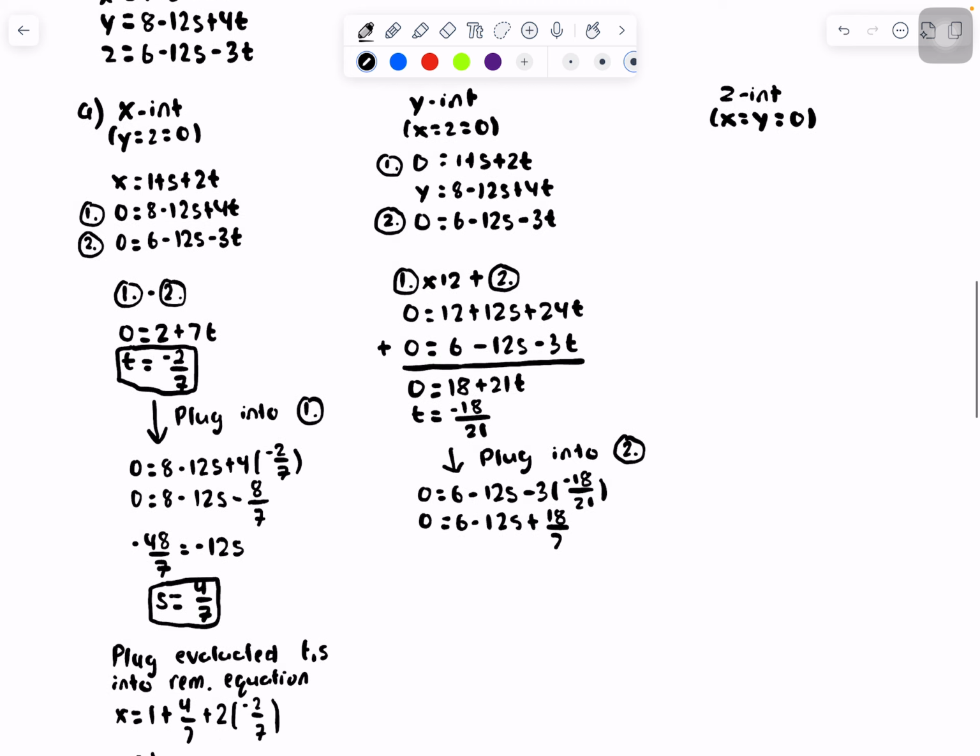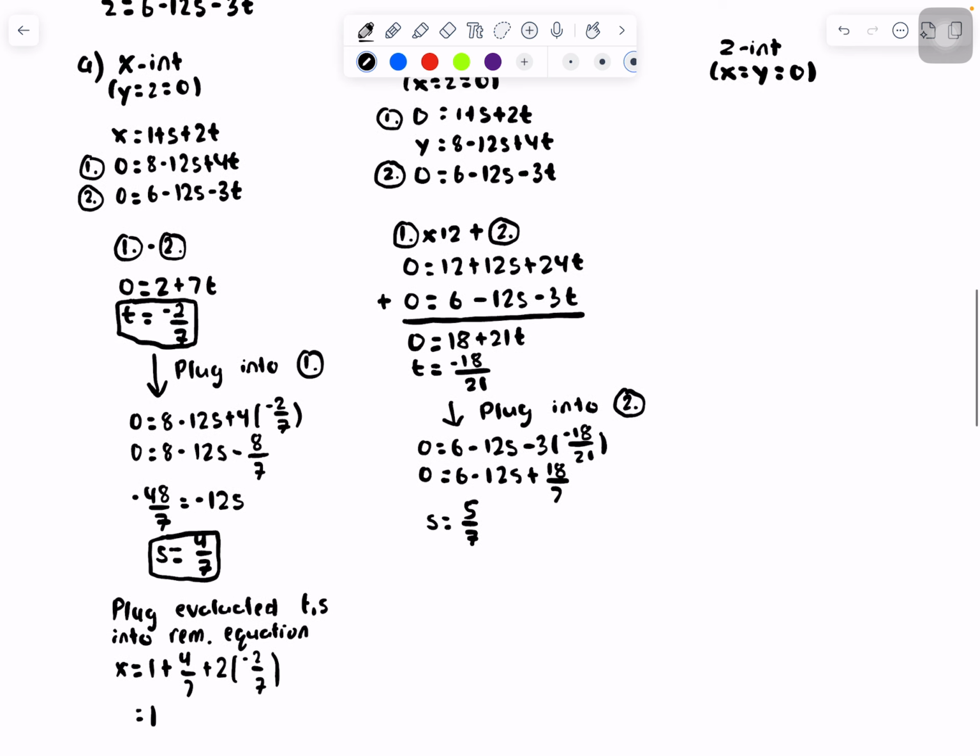Yep. Okay, and then s is going to be equal to 6 plus 18 over 7, 60 over 7 times... S is equal to 5 over 7.